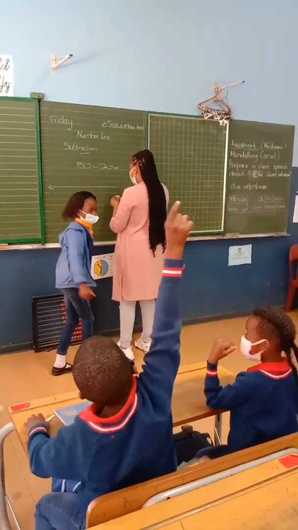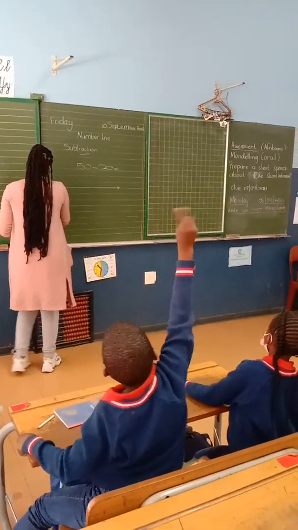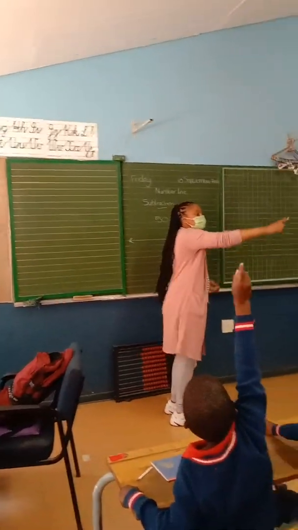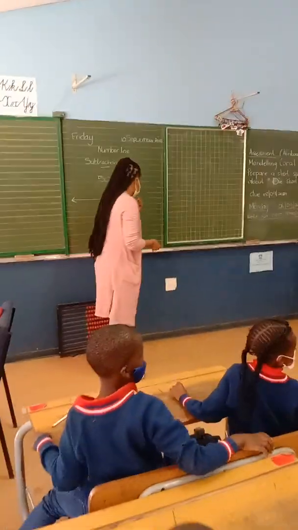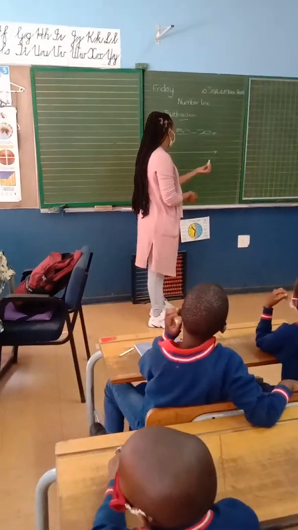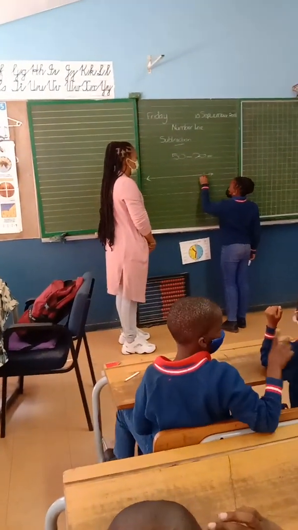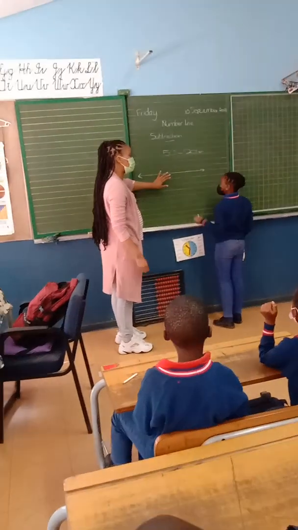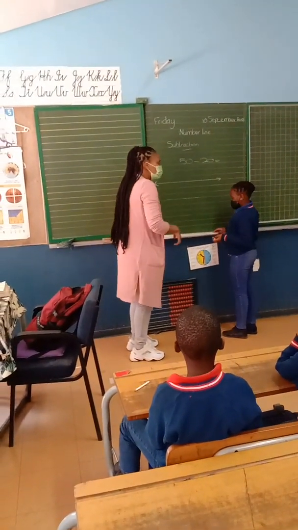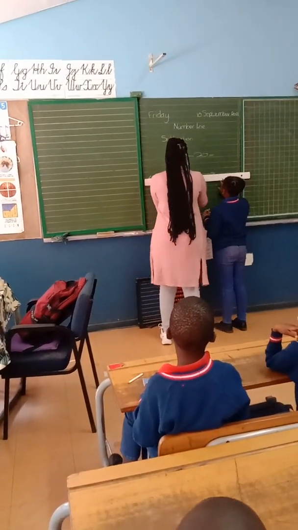Okay, now we have our line and arrows. What's the next step? Do we measure the lines or do we just draw lines? Measure. The lines must be equal, right? Yes.